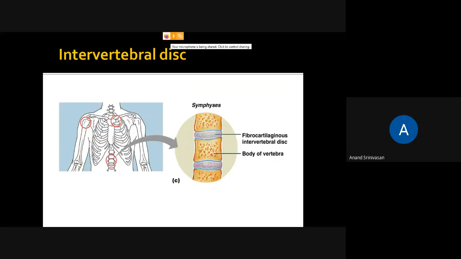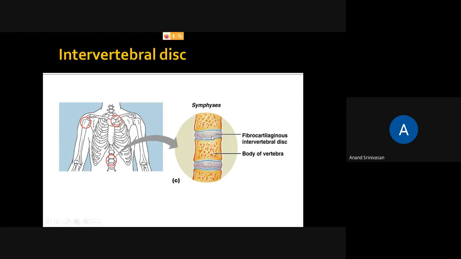The next example of cartilaginous joint is the intervertebral disc. That is between the vertebrae. This type of joint is called a symphysis joint. For example, when we jump or fall from a height, the force will be transmitted from our legs to the vertebrae.